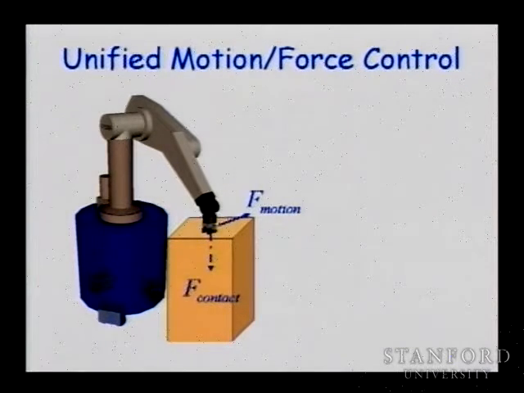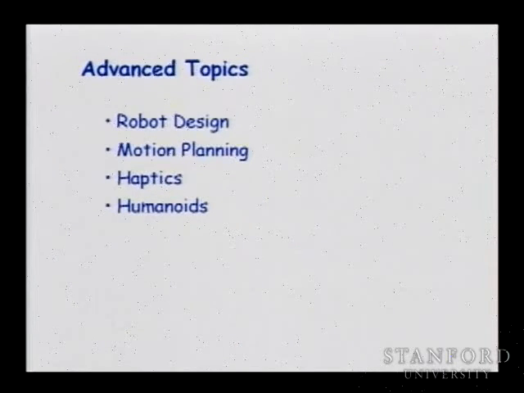So we need to deal with force control, and we need to stabilize the transition from free space to contact space. So that is, we need to be able to control these contact forces while moving. And what is nice, if you do this in the Cartesian space or in the task space, you will be able to just merge the two forces together to control the robot directly to produce motion and contact.